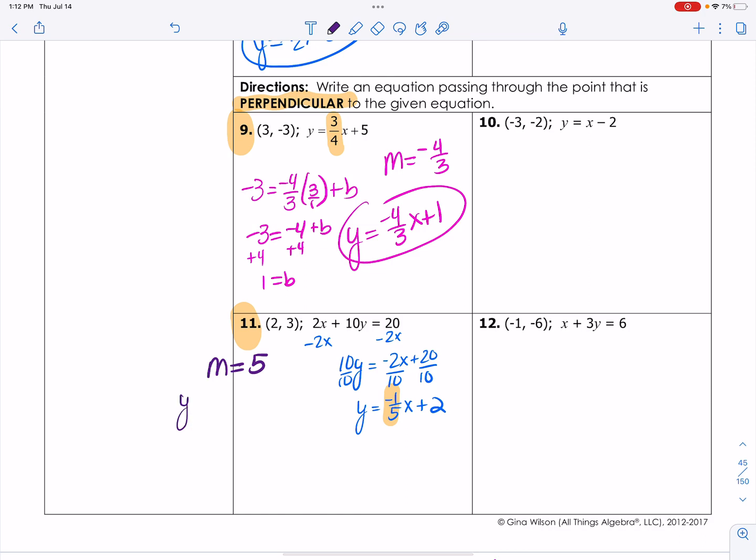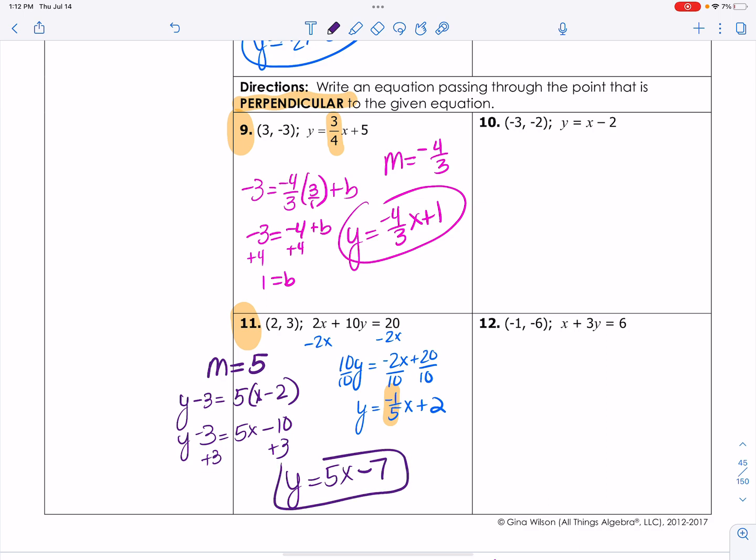So you're going to do y minus the y value equals m times x minus the x value. You're going to times in by 5 and then add the 3. And so your answer is y = 5x minus 7. So that's parallel and perpendicular.